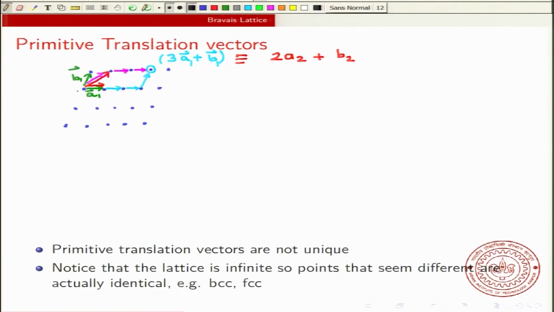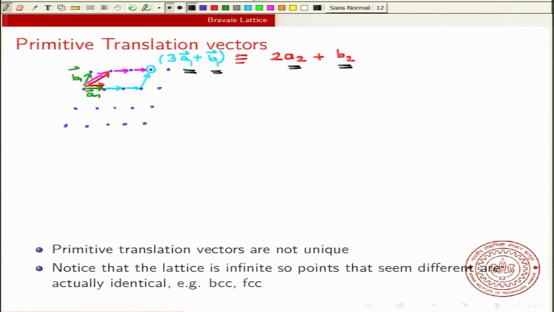So, the origin is the same as 0 A1 plus 0 B1 or 0 A2 plus 0 B2. So, you can see that the primitive lattice translations are not unique. I can choose either A1 and B1 as the primitive translation vectors, or I can choose A2 and B2.